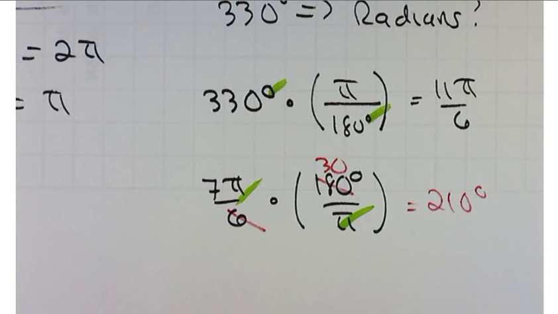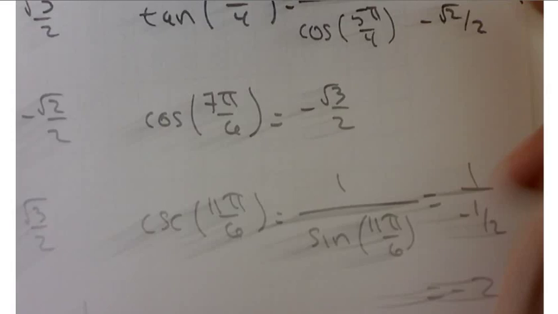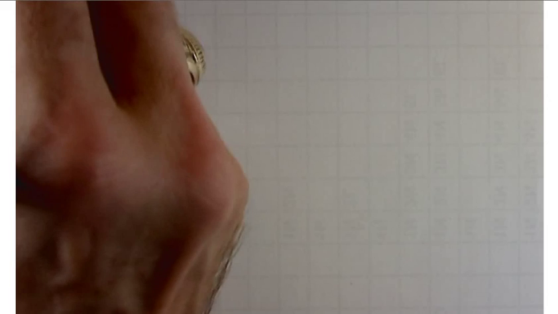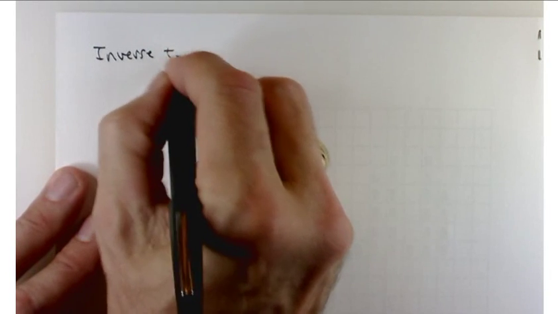Now we spent a little time earlier today looking at inverse functions. Trigonometric functions also have inverses, so let's talk about those for a little bit. So inverse trig functions.